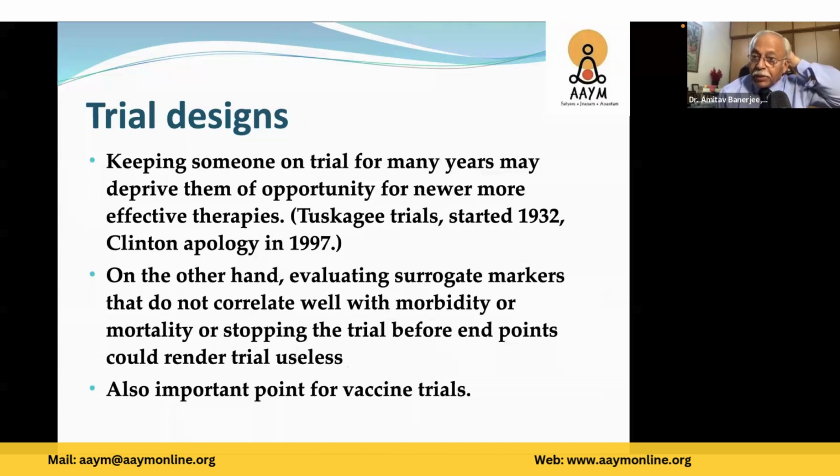But in practice, many things are made on paper but there are a lot of violations, particularly in communities where there was a lot of racial discrimination, as there was in the United States for many years. Suppose you have planned a trial, like a cohort study, which they actually did in the Tuskegee trials.